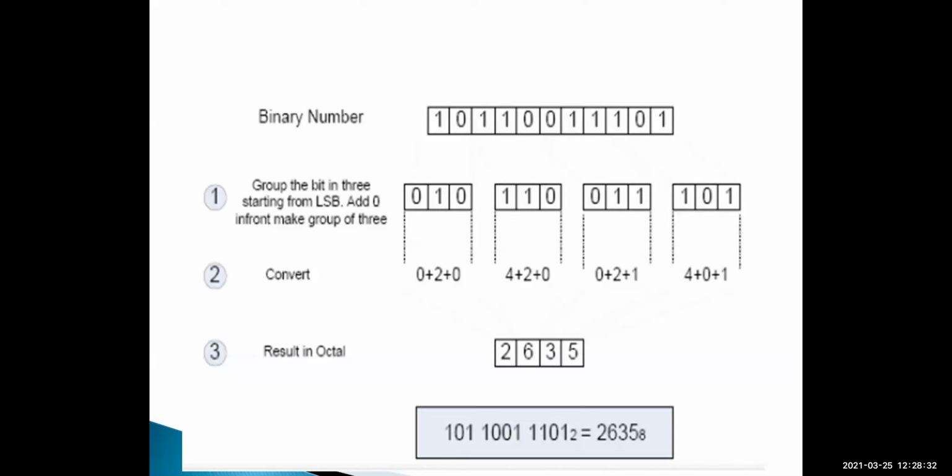Present, sir. 100. Present, sir. 101. Present, sir. 103. Present, sir. 104. Present, sir. 105. 105 is there. Okay. 107. Present, sir. 108. Present, sir. 109. Yes, 109.